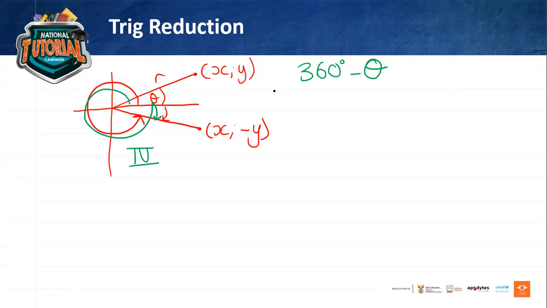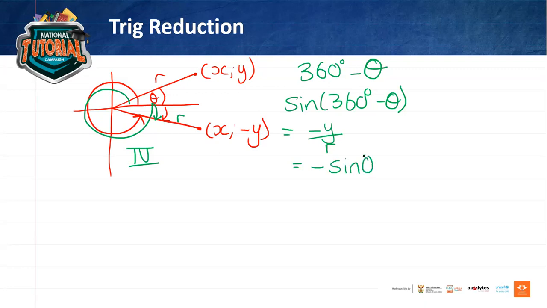So if we go to sine, cos, and tan, like we have for all the quadrants, sine of 360 degrees minus theta, we're in quadrant 4, sine is y over r, and my y value is now negative in this quadrant. Remember the r value is still the same from the origin to the point. So negative y over r is negative sine of theta, what we got in the first quadrant. We can look at cos of 360 minus theta, and cos is x over r.